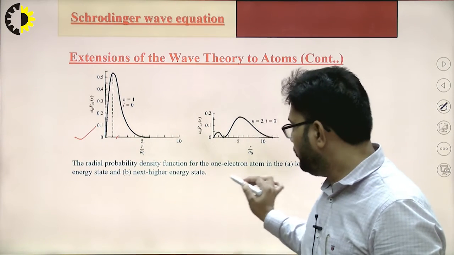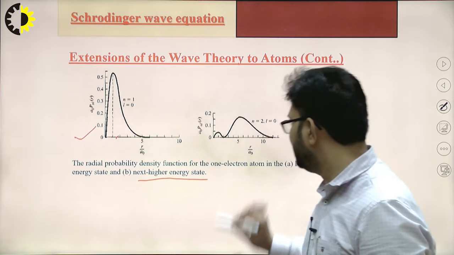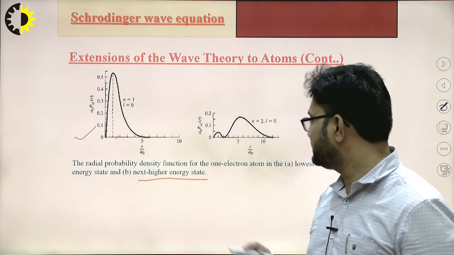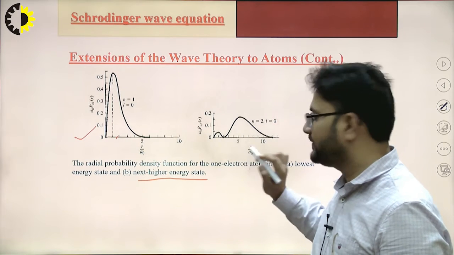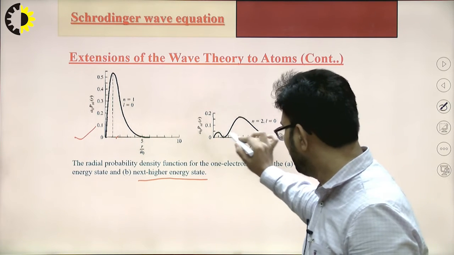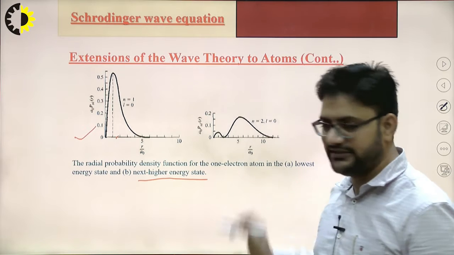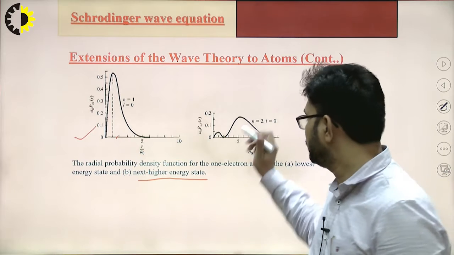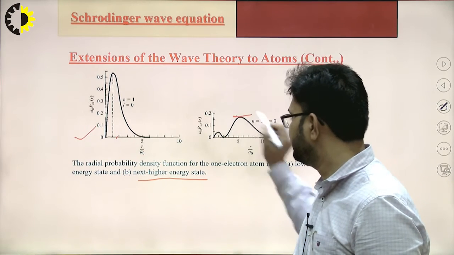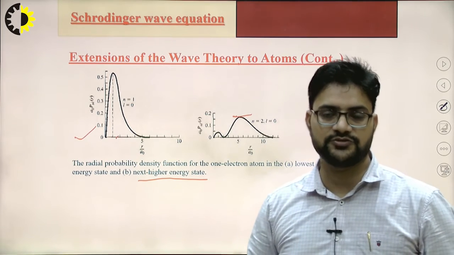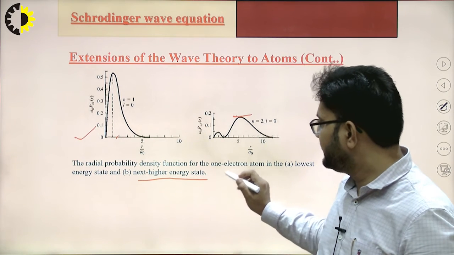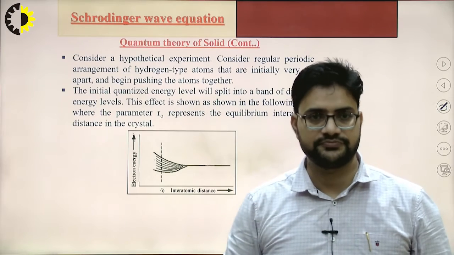For the next higher energy state, the radial probability density function can be drawn like this: first it will increase, then decrease to a lowest value, then increase to the peak value. This is the radial probability density function.